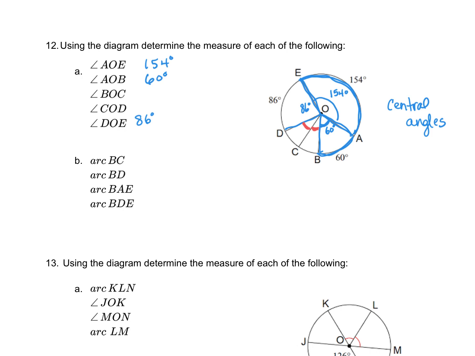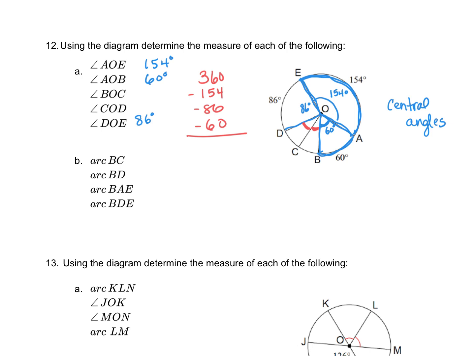But what you do know is that there is 360 degrees total in a circle. So on your calculator, if you take 360, subtract 154, subtract 86, and subtract 60, we will know how many degrees are left in the circle.